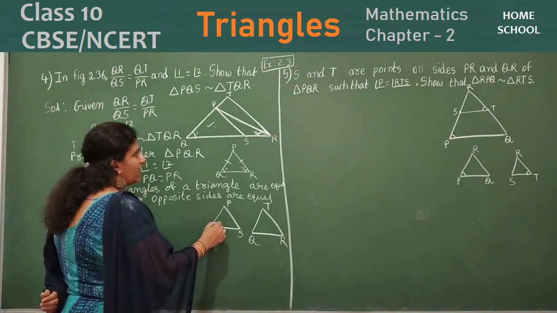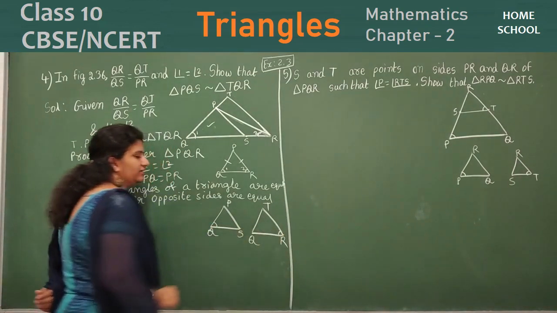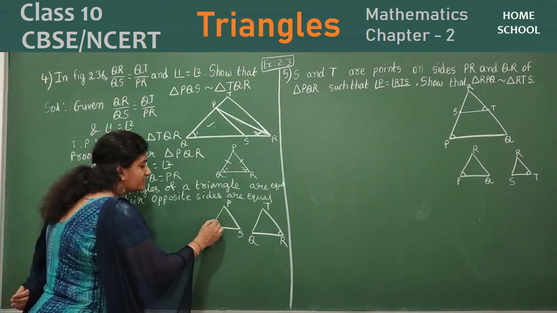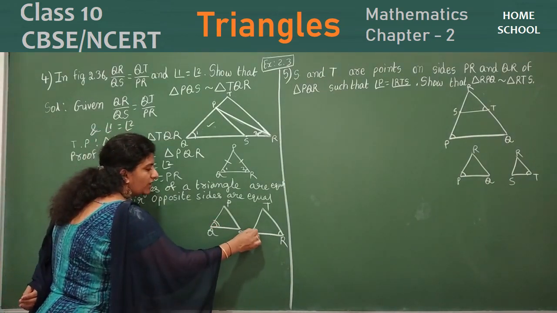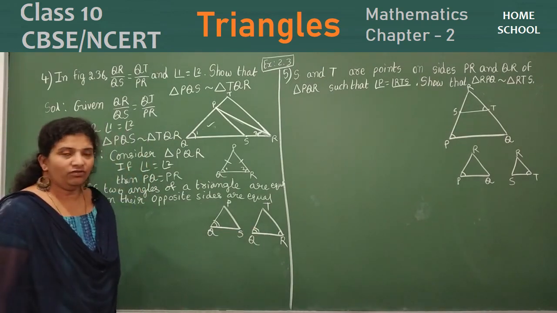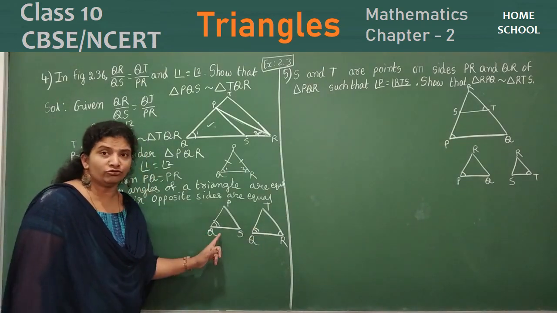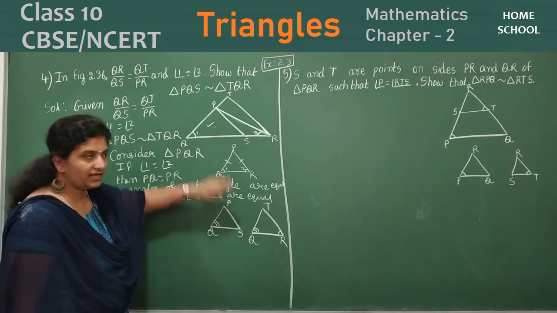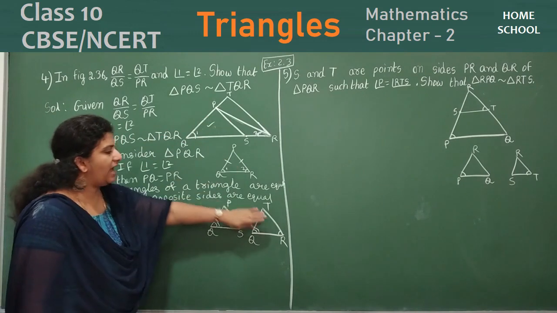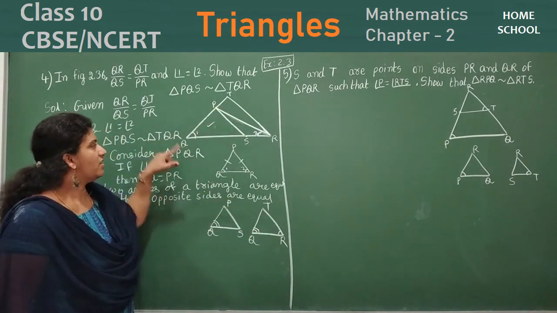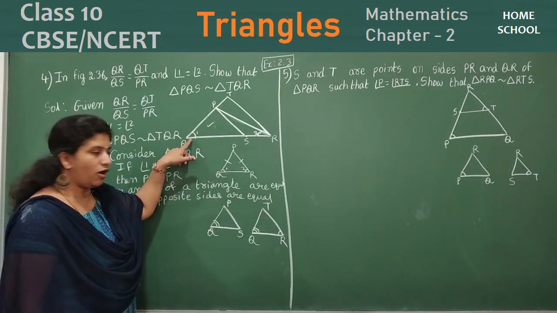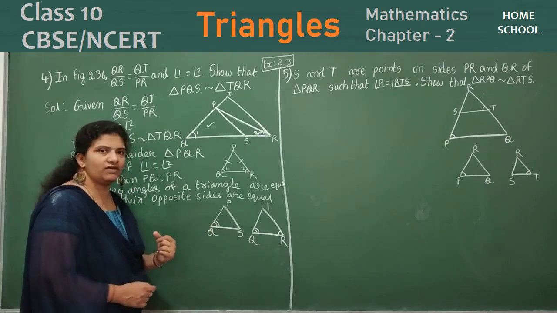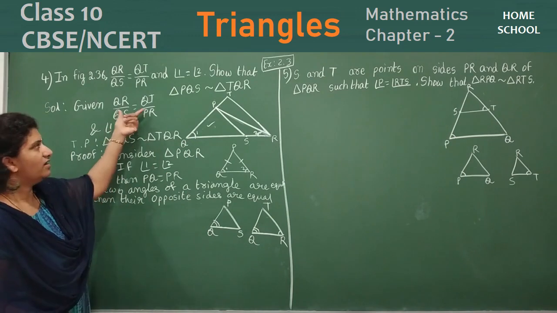Angle Q. This angle is equal to this angle, right? So now I will say that this angle is equal to this angle. How? It is a common angle for the 2 triangles, right? So observe here carefully. This triangle is also placed like this and this is also placed like this, whereas angle Q is common for both the triangles. And something else is given here. What is that? They have given the ratio.